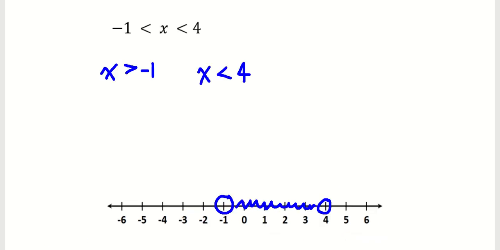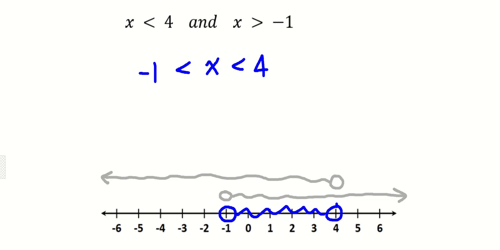And look, spoiler alert again, you'll kind of find this is true. When you have two inequalities connected with the word and, what usually, not always, right? Listen to my words very carefully. What usually happens, it's a pretty safe bet.